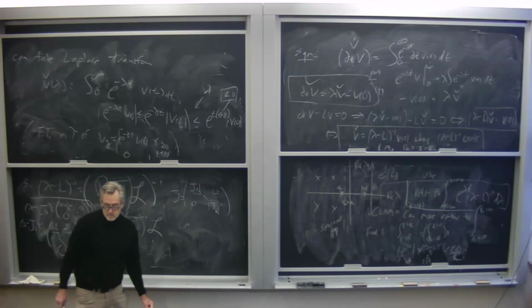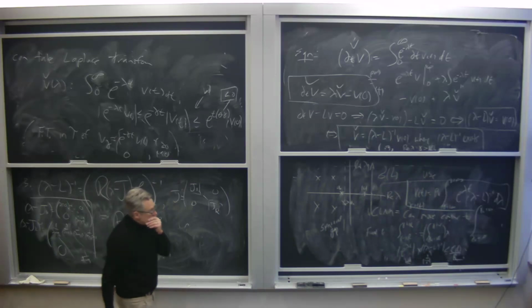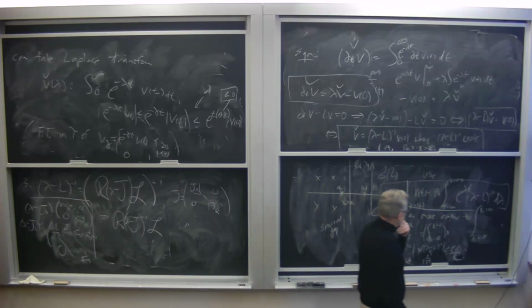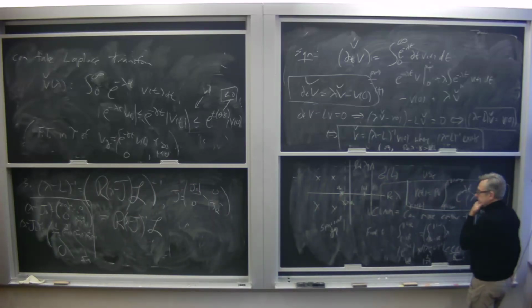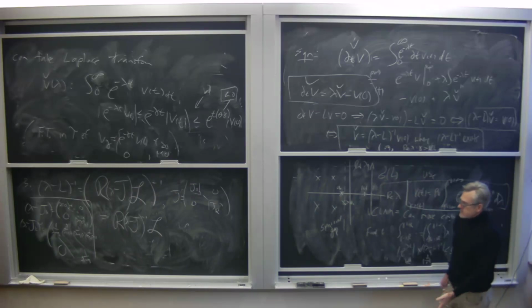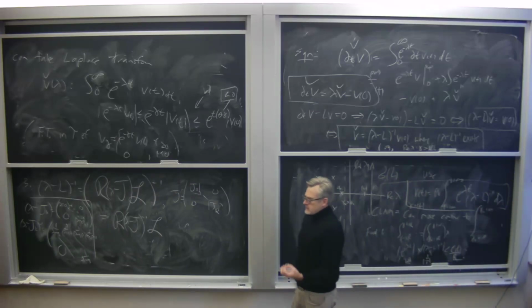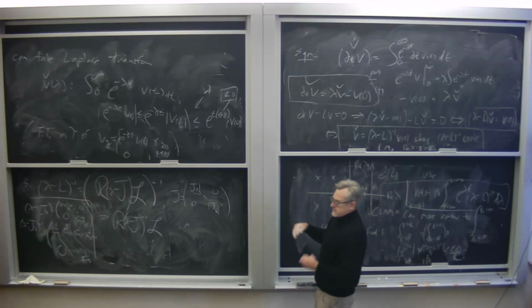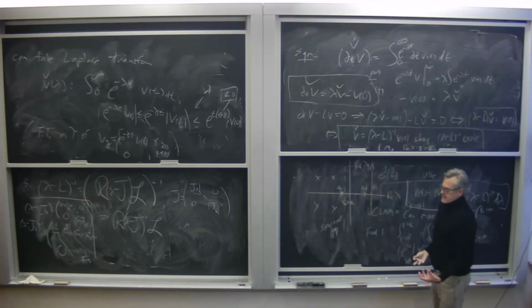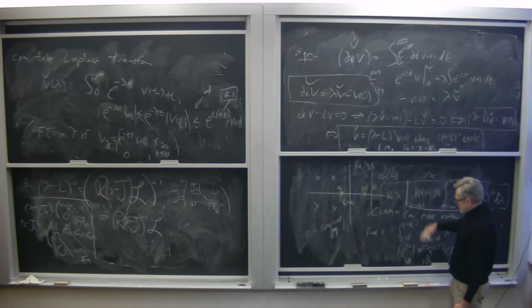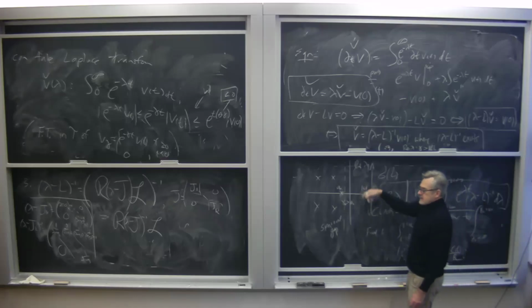Lambda minus L inverse is smaller than 1 over tau, you said? Yeah, 1 over tau. Tau is the imaginary part, which is the dominant part because the real part is fixed at gamma. So when I take large asymptotics, this integral is basically in tau.